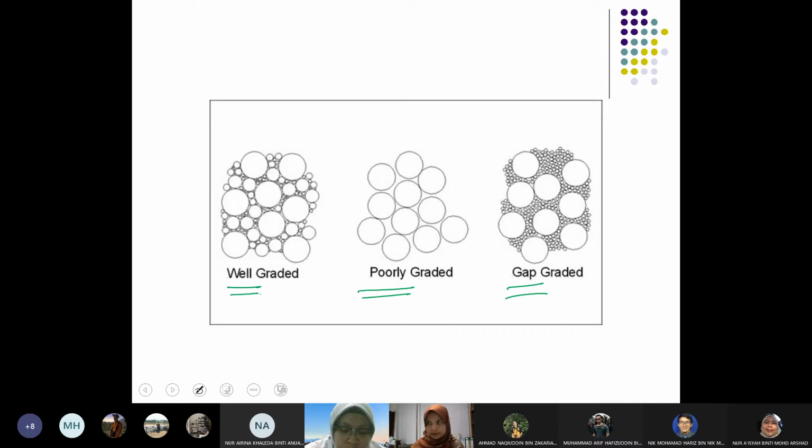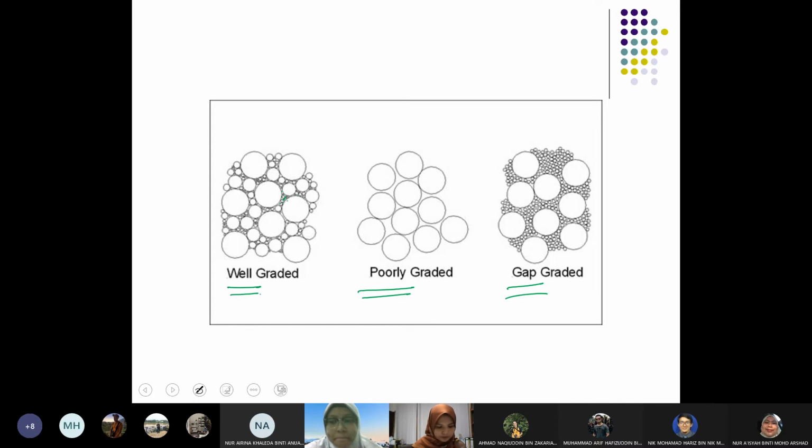Kalau well tu dia bagus sebab dia mencukupi. Dia ada mixture of sufficient amount between large particle with small particle. So kalau tengok di sini, ada yang besar, ada yang sederhana, ada yang halus. Nampak ni yang hitam tengah tu yang halus. So they fill up the voids between the bigger and also the intermediate size. So ni kita panggil sebagai well graded.